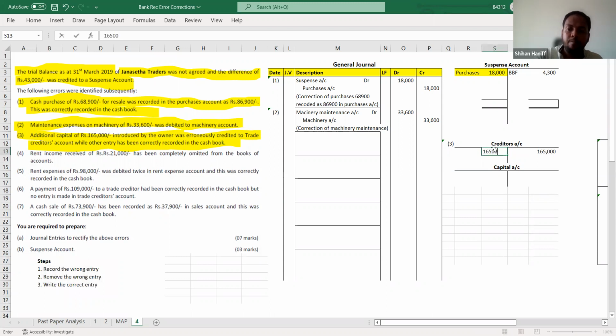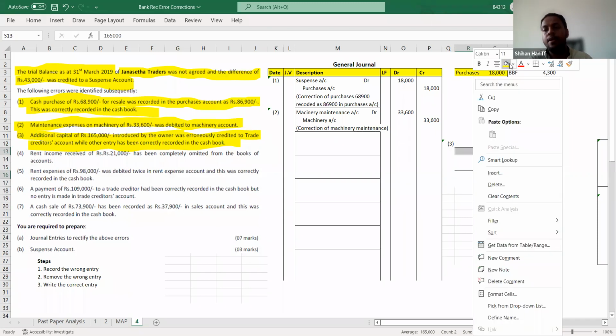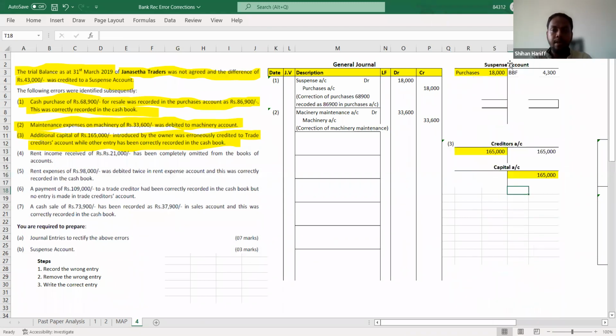Debit 165 and write the correct entry. Correct entry is capital credit 165. So this is the correction entry. Correction entry is creditors account debit, capital account credit.